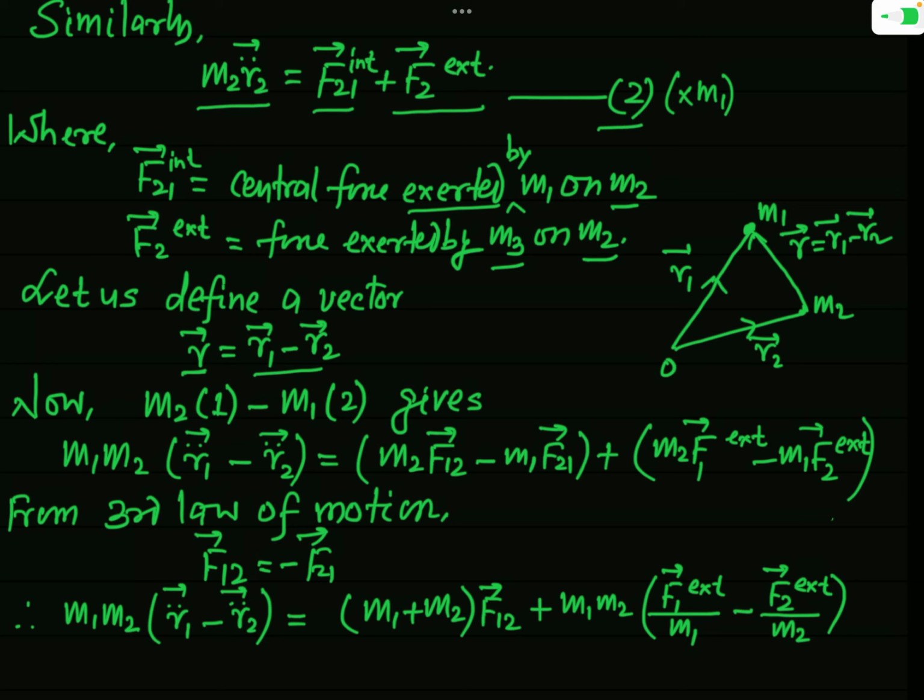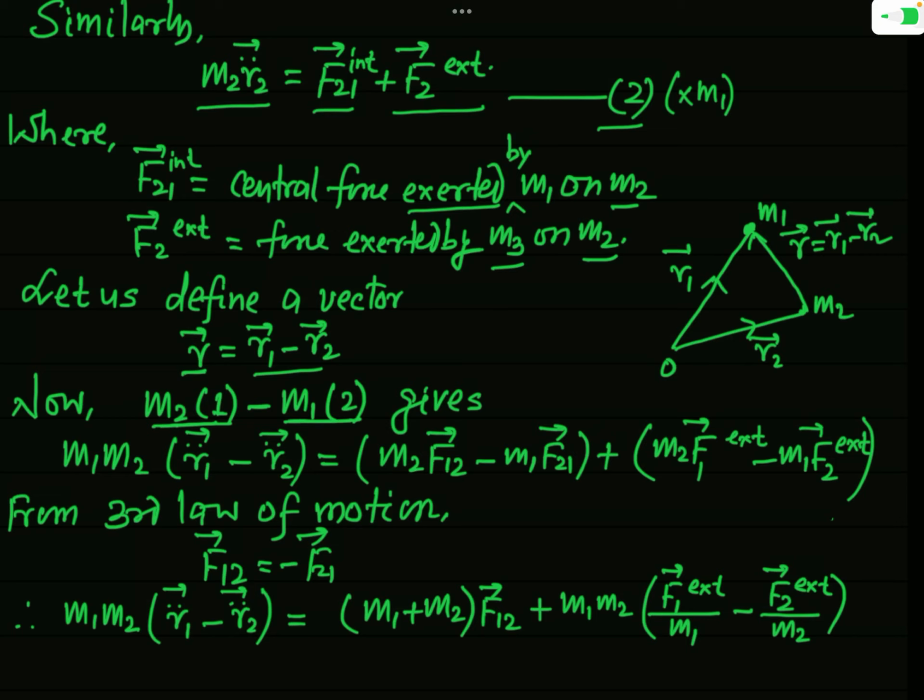So I have written here like this: M2 times 1, it means you have to multiply equation 1 by M2, minus M1 times 2, 2 means equation number 2. Remember, you have to multiply equation 1 by M2 and equation 2 by M1, and then we simply subtract equation 2 from equation 1.